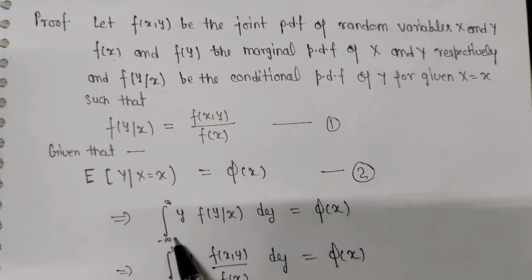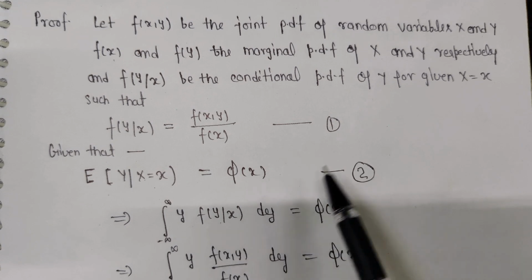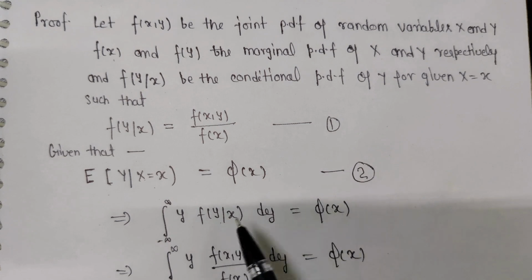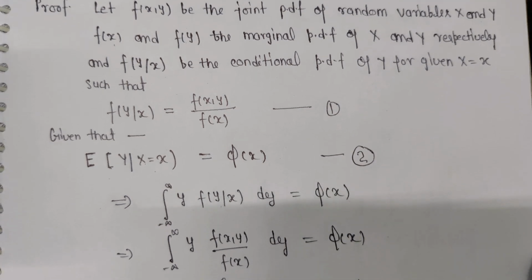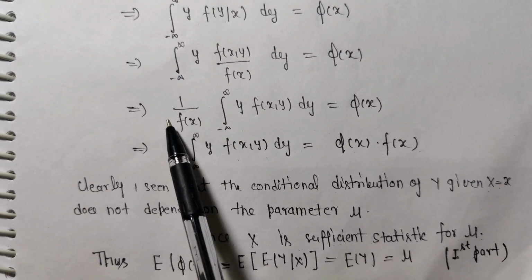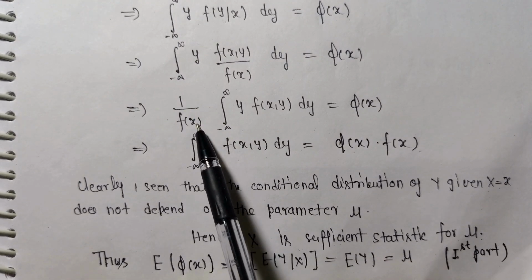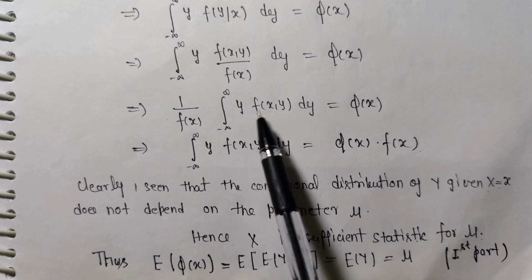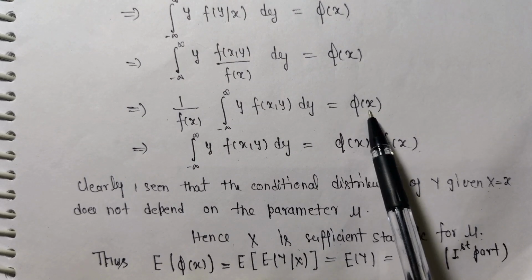So now this is the integral of y times f(y|x) dy, and the right-hand side is phi(x). Again, we are using equation number 1 and putting f(y|x) equal to f(x,y) upon f(x). After simplifying this, the next step is 1 upon f(x) times the integral of y f(x,y) dy is equal to phi(x).